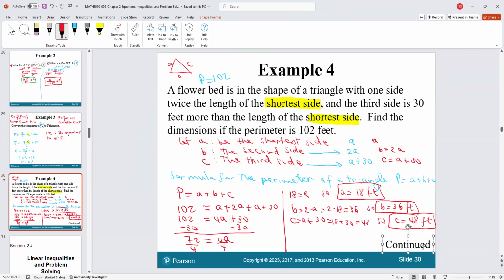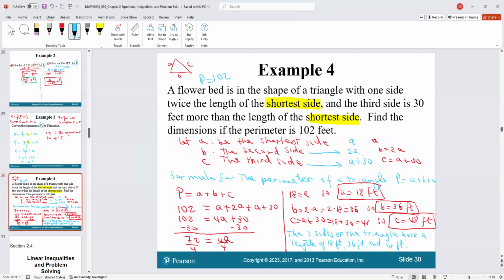So you can conclude at this level that the three sides of the triangle, I can write it with a different color, the three sides of the triangle have a length of 18 feet, 36 feet, and 48 feet.